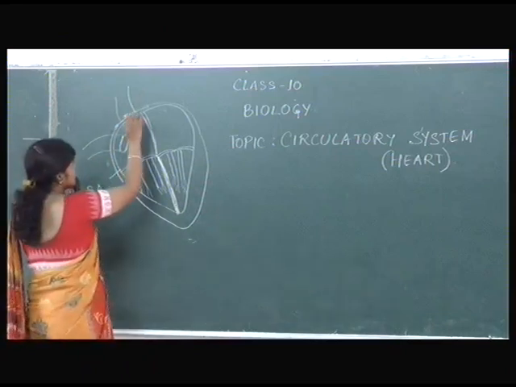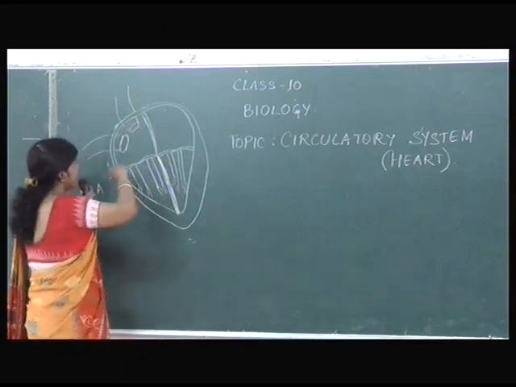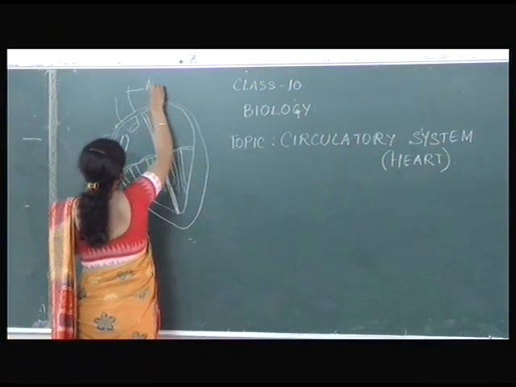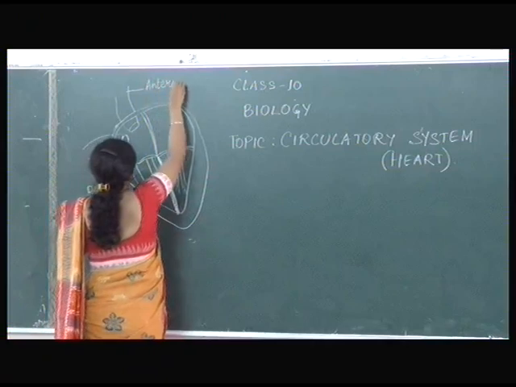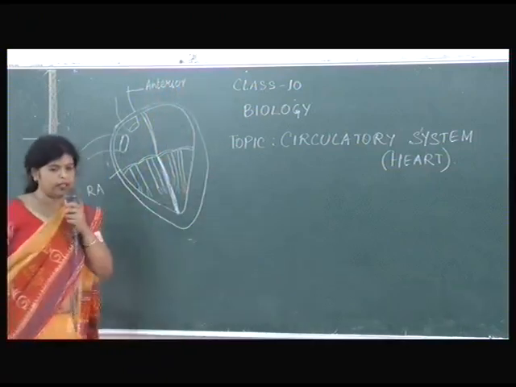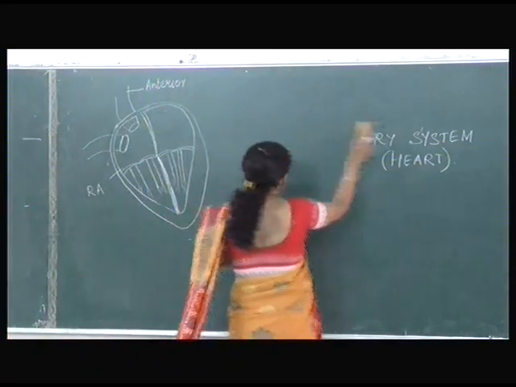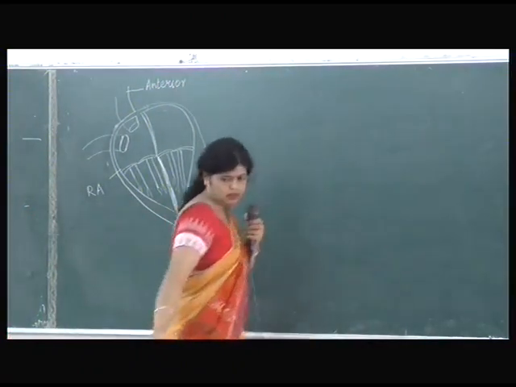Cava is the singular term, vena cava the plural. The upper one is known as the anterior, or we also call it the superior vena cava.